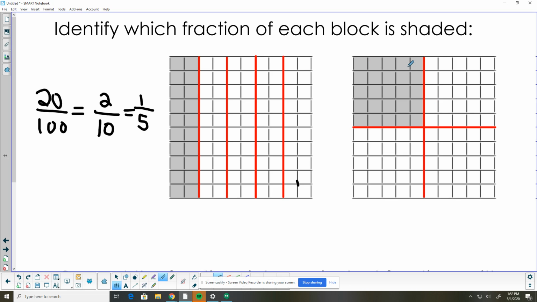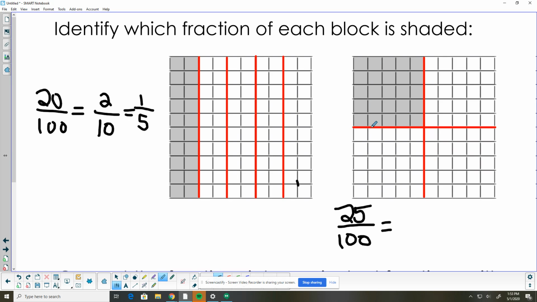Let's take a look at this block. I can see that there's 5, 10, 15, 20, 25 hundredths shaded. Can I make tenths out of that? Well, if I took this one down and moved to 10, nope, I have 5. I can't make tenths out of that.